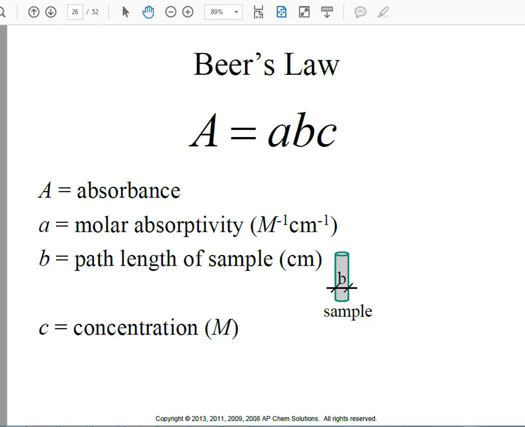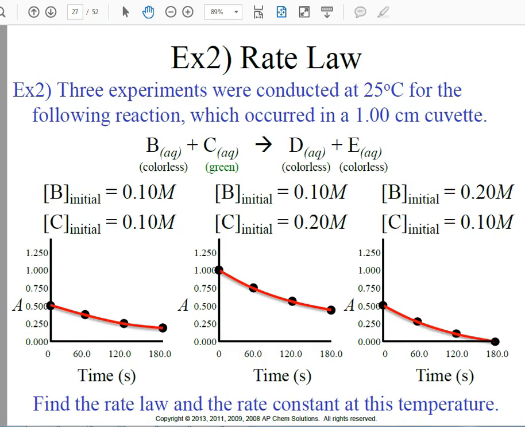So if it has a colored reactant that it's using or a colored product that it's making, that's an easy way to follow the reaction and figure out how fast it's going. We can figure out, oh, it's making this much product per second, or it's using this much reactant per second. So that's why they throw that in there.